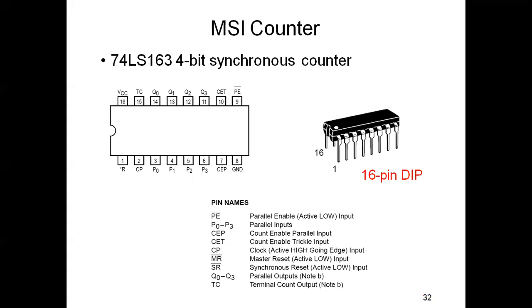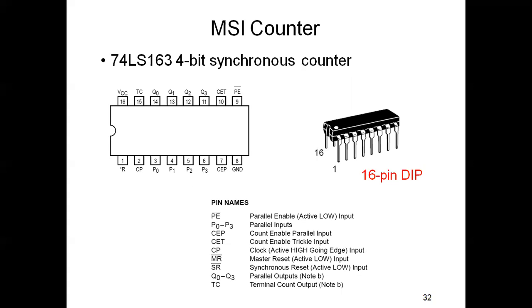MSI counter 74LS163 4-bit synchronous counter, in which pin number 1 is counted from the round cut, and on the right side 1, 2, 3, 4, etc. PE bar is the parallel enable active low input, pin number 9. P0 to P3 are the parallel inputs.